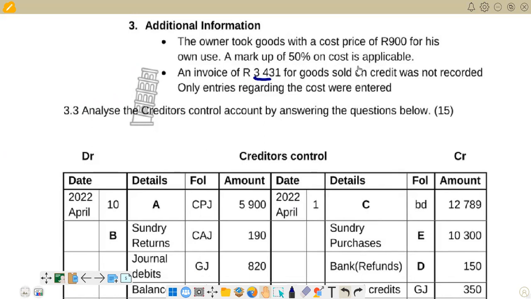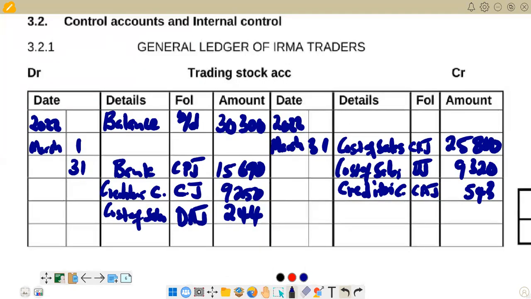Remember, the goods that have been bought are on the debit side of the trading stock. So when we are taking them out, we are going to the credit. And these are drawings. They are being taken for own use. This is personal use. So whenever the owner takes goods for personal use, we regard them as drawings. So we come here, we are going to enter them on the credit side of the trading stock account.